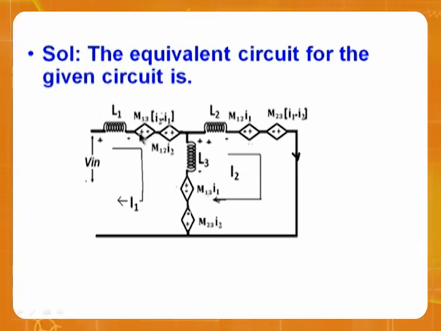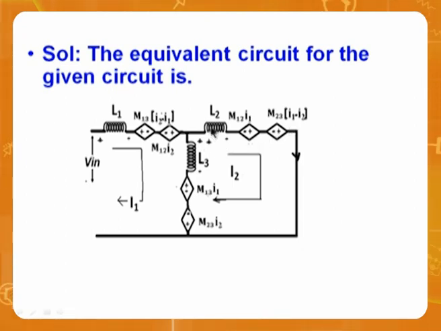Now look here. M13 is same as this. M12 is opposite. So here it is same, here it is opposite. Same means I have put plus minus, and opposite means minus plus. So you have to decide whether it is same or opposite. Similarly, I am taking you here.